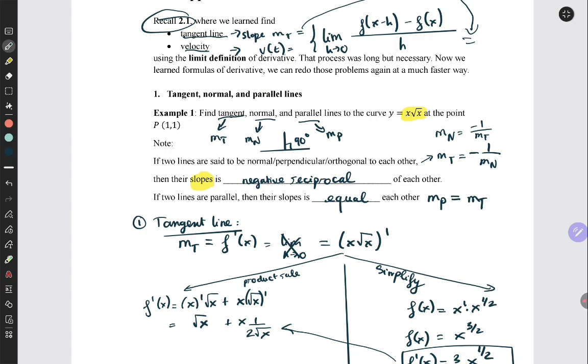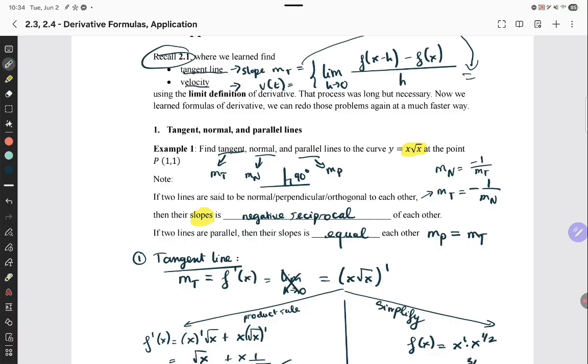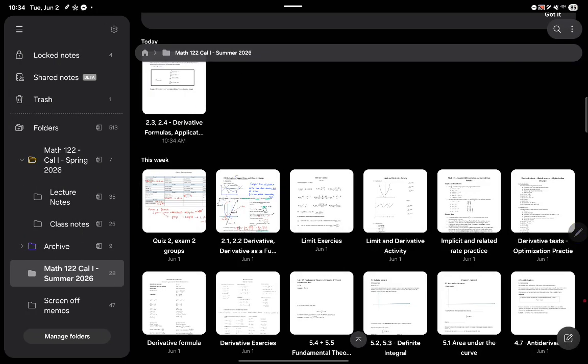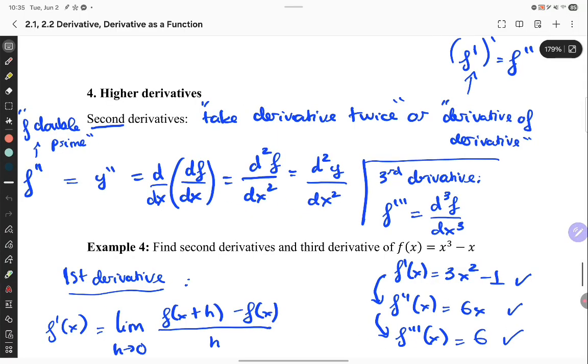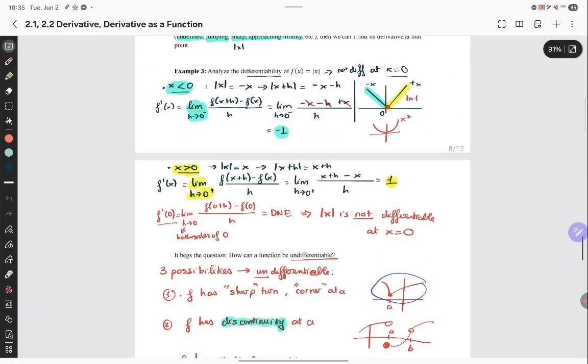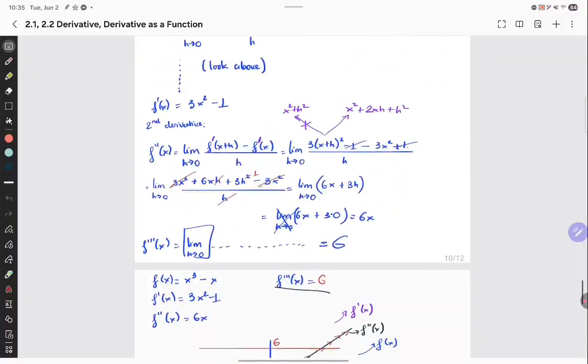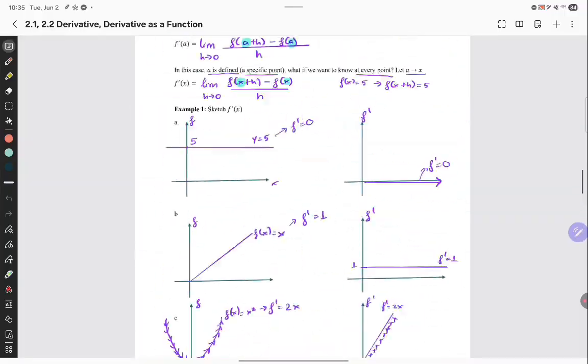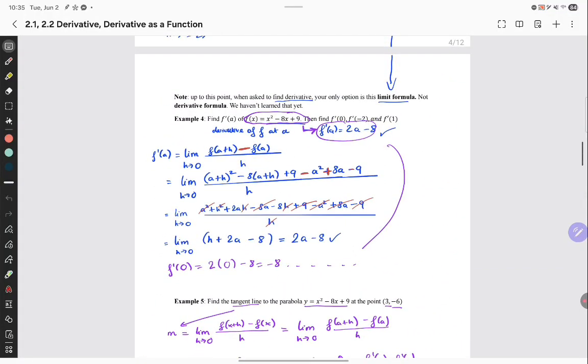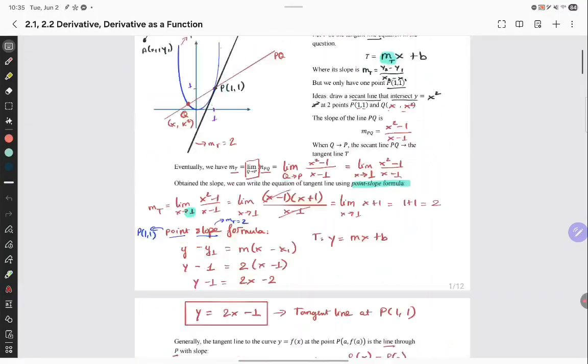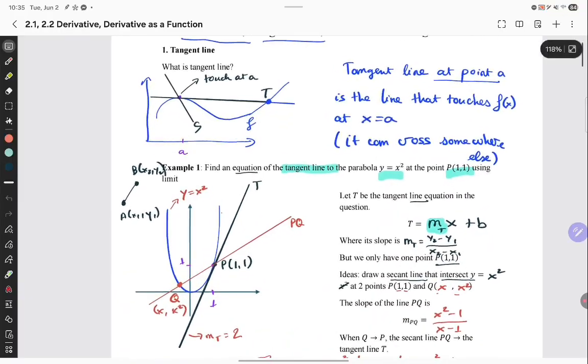Huh? You didn't use this limit. That's the best thing about this problem, right? Back in 2.1. Where was it? This is 2.2. There.